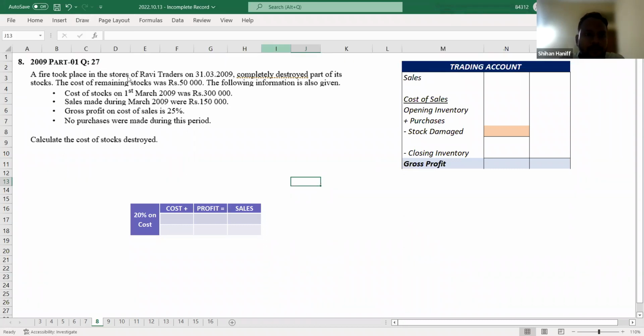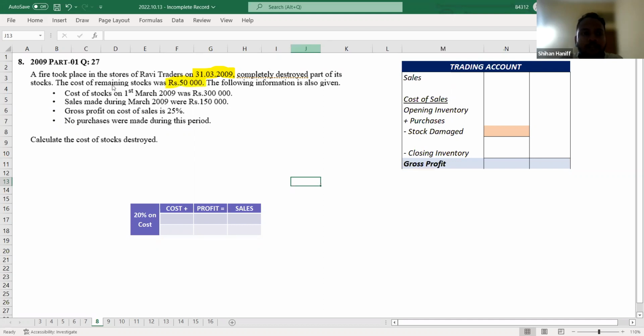A fire took place in the stores of Ravi Traders on 31st March 2009, completely destroyed part of its stocks. So remember, in this question, it's only a part of the stock, not the entire stock. The cost of remaining stocks was 50,000.